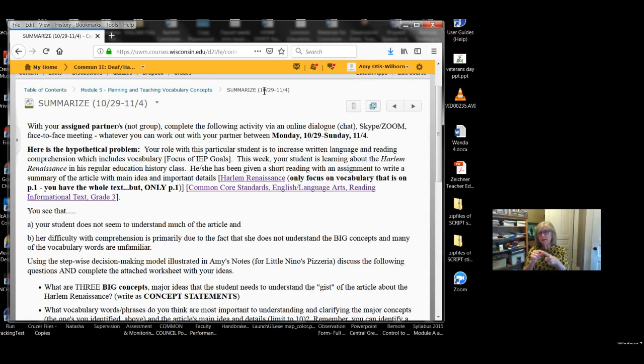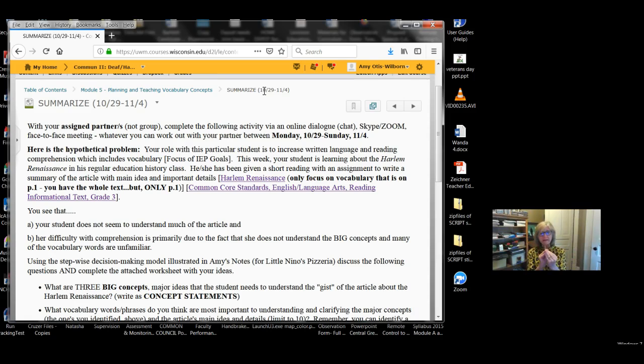Many of the words they don't understand. So you have to plan using Yang's model, or the model I presented in the example, to plan. And you do this with your group or your partners.